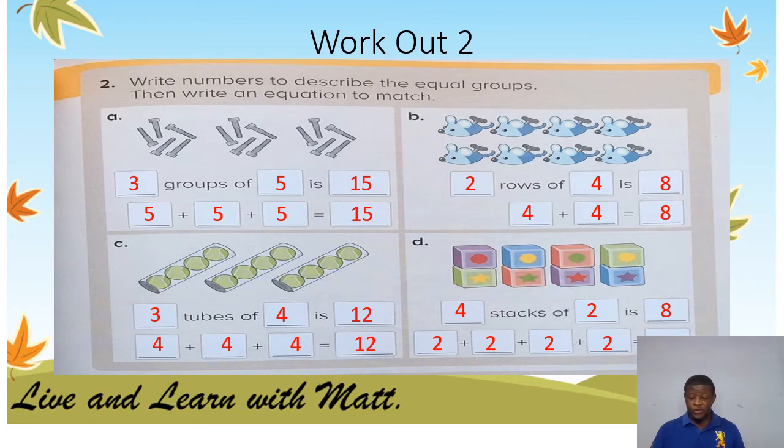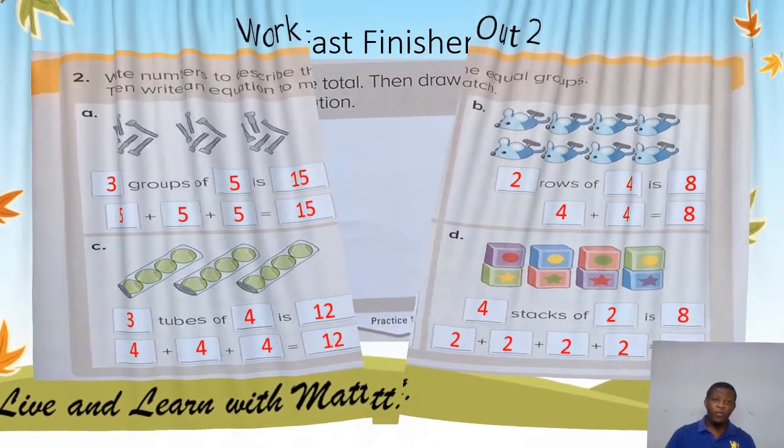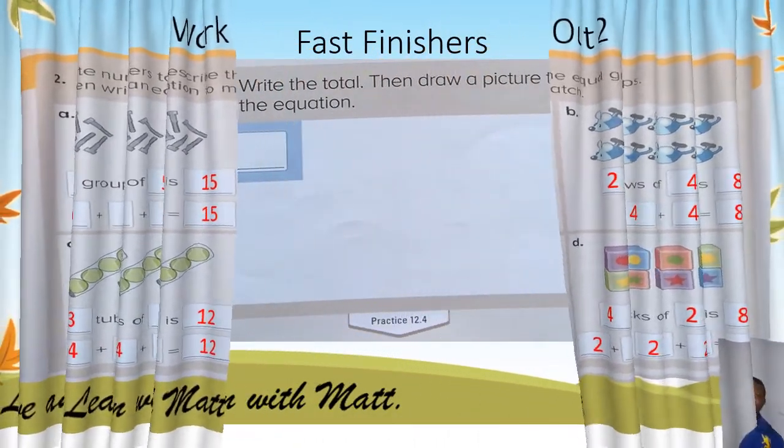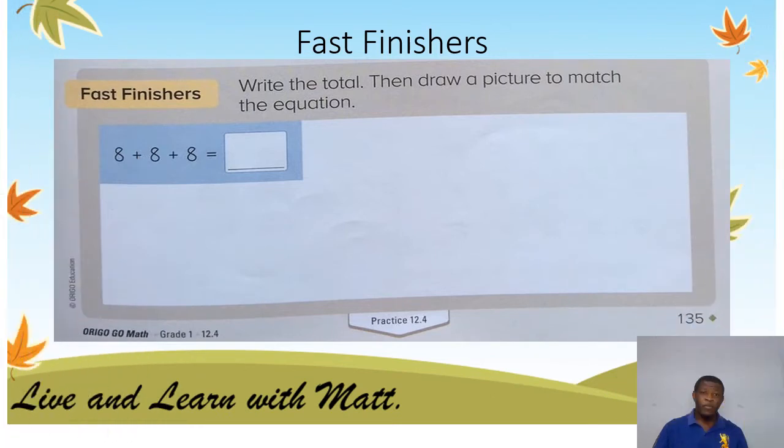Now let's go to the fast finishers. Write the total. Then draw a picture to match the equation. So we have the equation to be 8 plus 8 plus 8. So let's draw a picture.